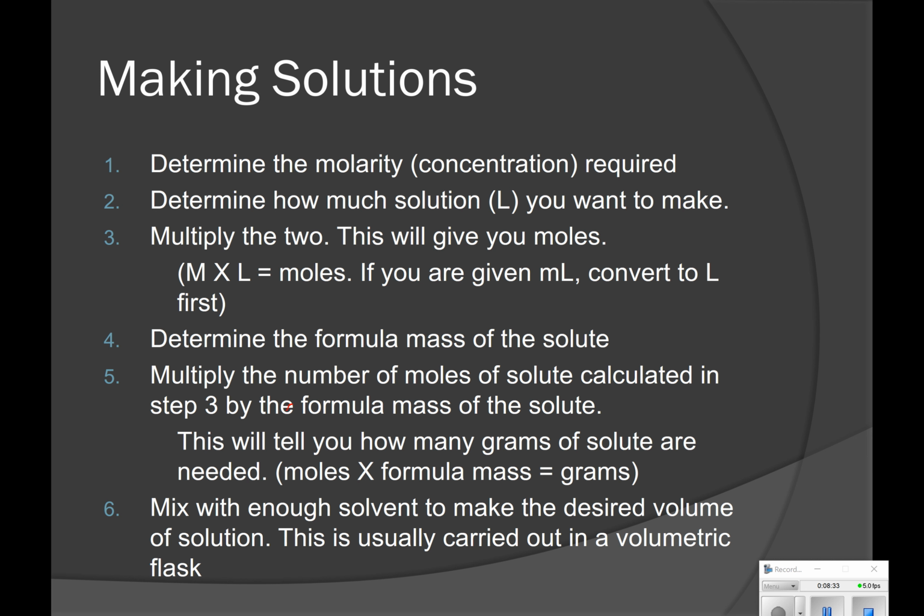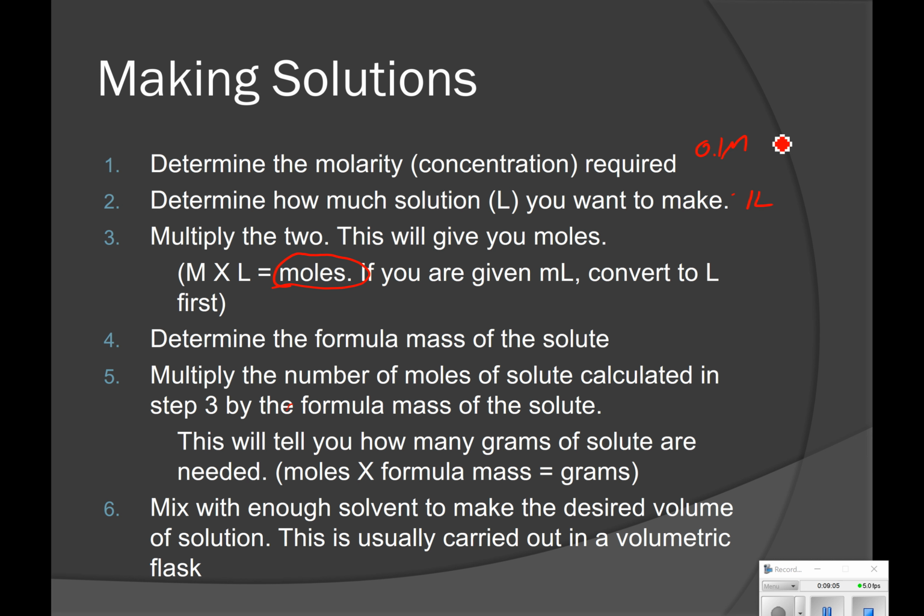So in order to do this, first, we want to determine the molarity of the solution that we want to make. We then determine how much solution that we want to make. So we could say, well, I want a 0.1 molar solution for our lab, and I want to make 1 liter of that. We multiply these two together, and it's going to give us the number of moles.